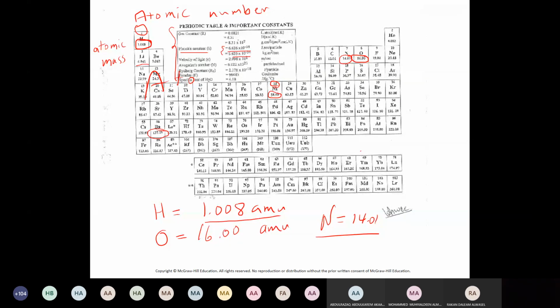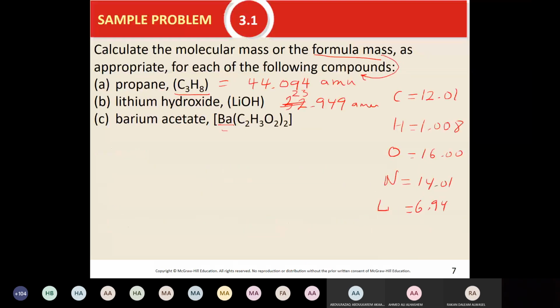It is 137.328, without rounding. Keep this in your numbers now. Very good. 137.328. So what's the mass of this one?